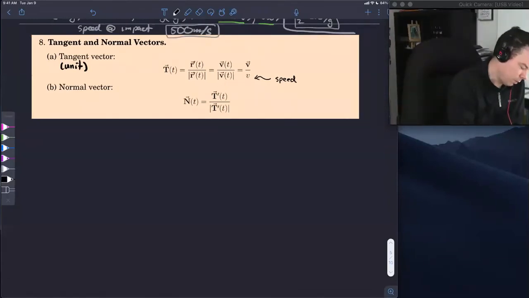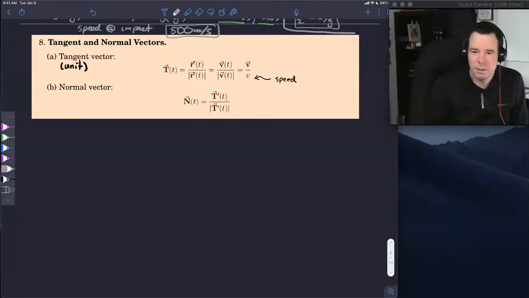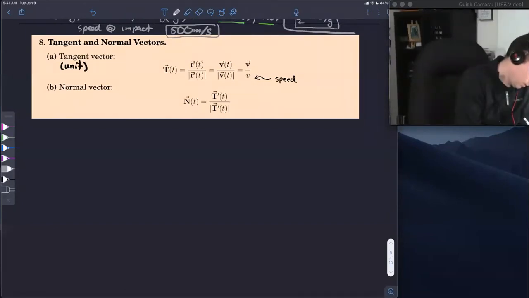The normal vector is the derivative of the tangent vector divided by its magnitude. So why is this normal vector perpendicular to the tangent vector? Well, let's recall something.